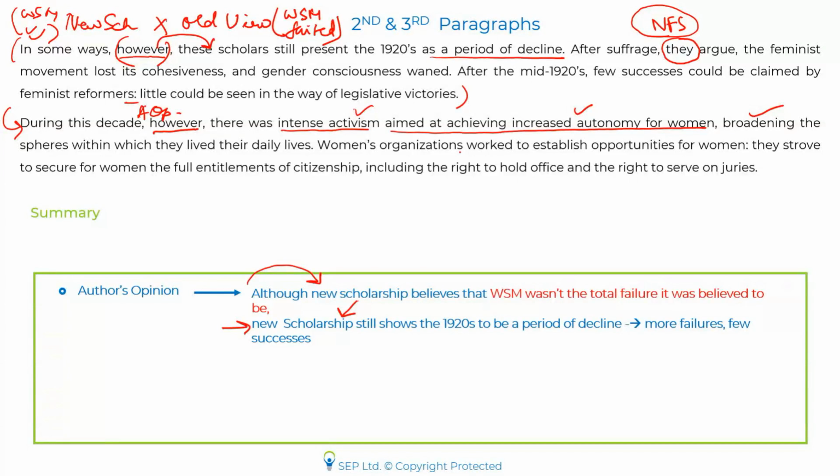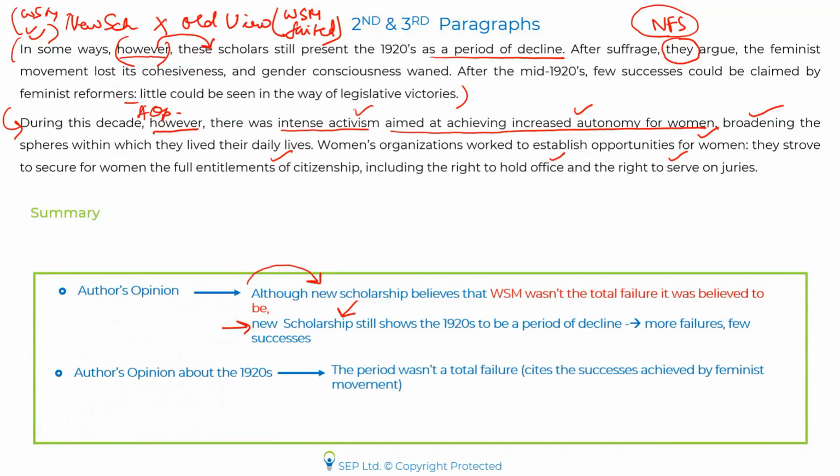Women's organizations worked to establish opportunities for women. So there was something happening for women. They strove to secure for women full entitlements, full rights of citizenship, including the right to hold office and the right to serve on juries. So the author here believes that the period wasn't a total failure.